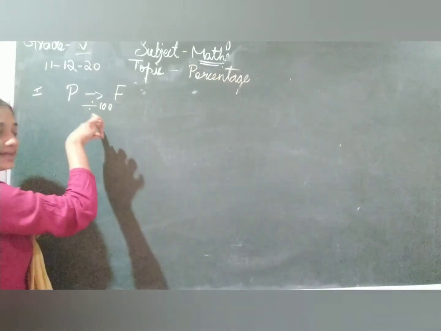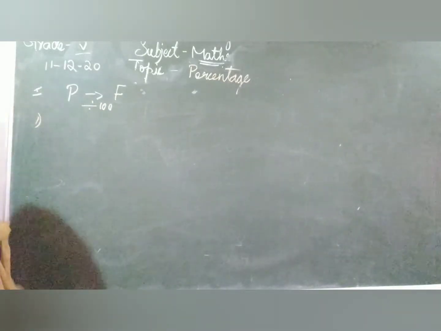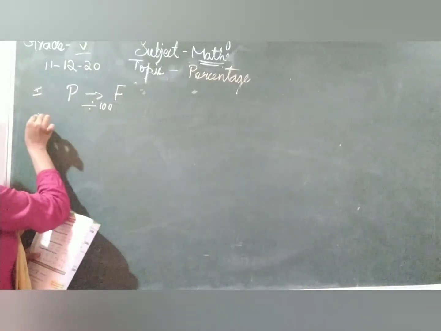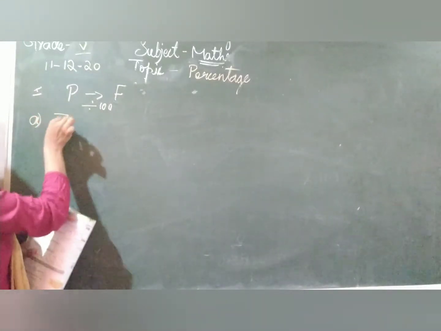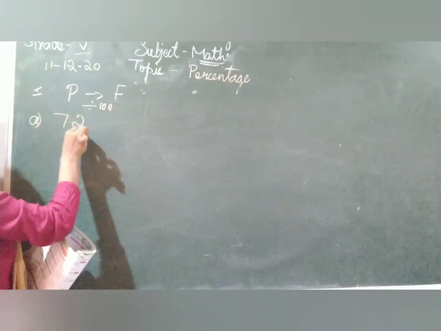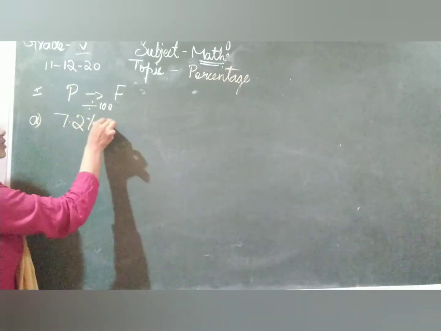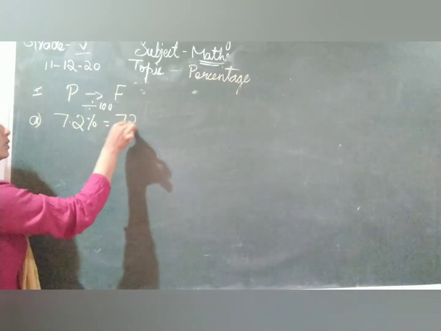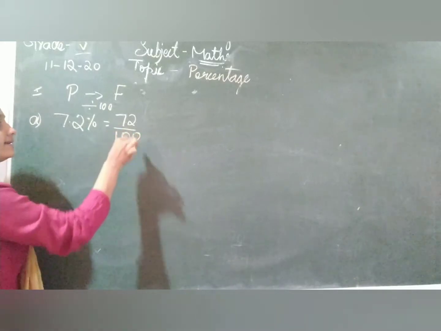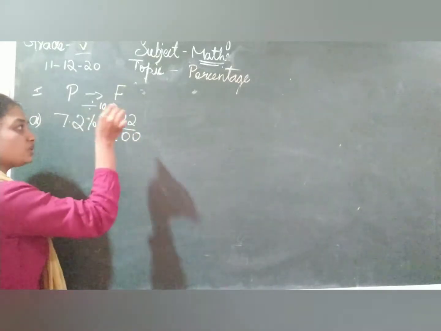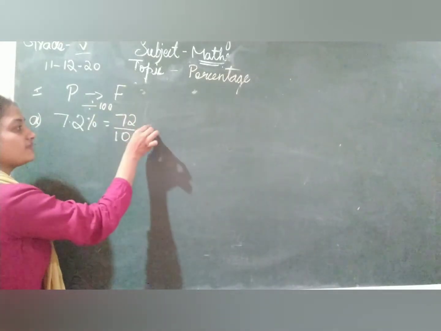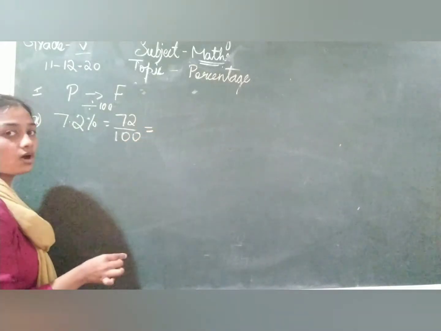Keep this in mind and let's start the problems. First one, A1, 72%. So you have to divide 72 by 100. And if you are able to simplify this, you should simplify and keep it in the simplest form.